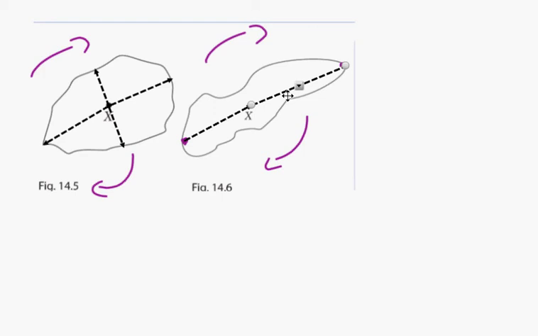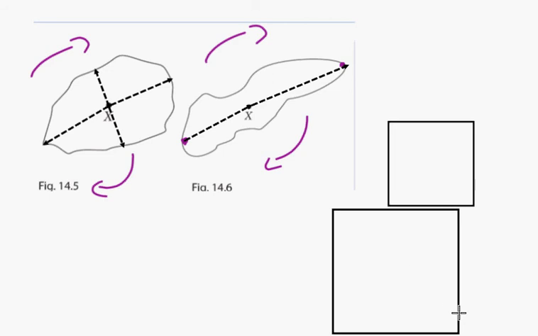If I had this square, followed by this one, which one's harder to rotate? The big one, the one that has a lot of its mass further away from the center of rotation. That's all you really need to take from that at the moment.